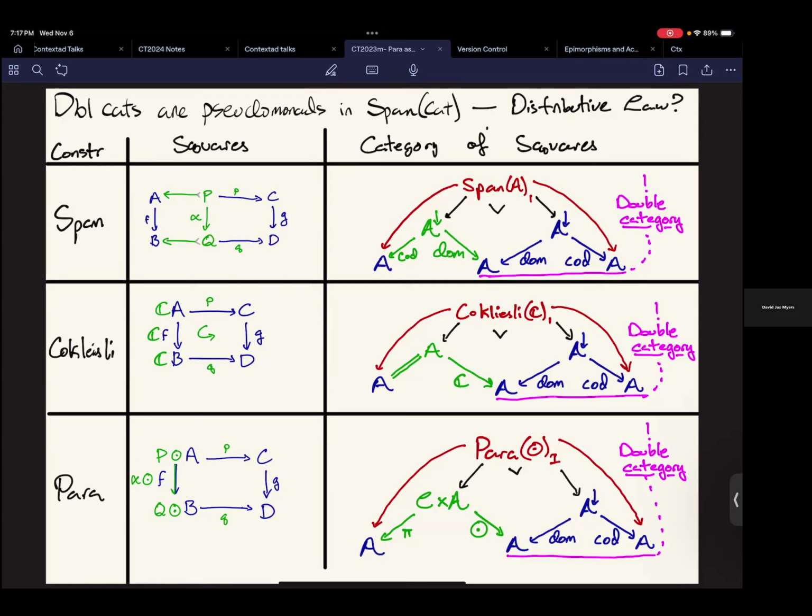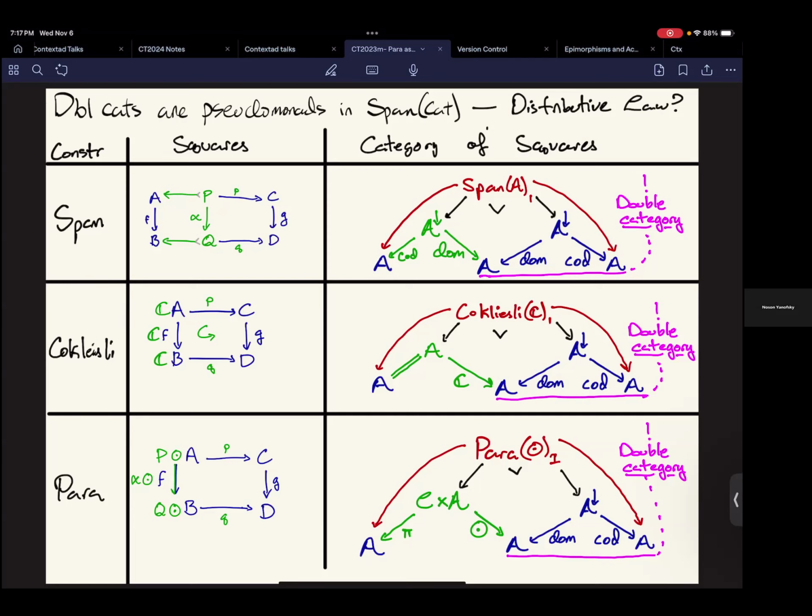A span is a pair of arrows with a common domain, so I can define the category of spans going vertically, not horizontally, that's a different thing, in the diagram on the left, as this pullback of categories, of the two arrow categories and the two domain projections.